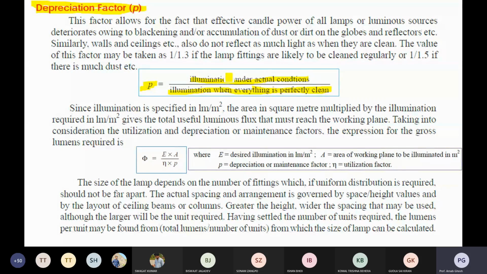Also, they do not reflect as much light as when they are clean.